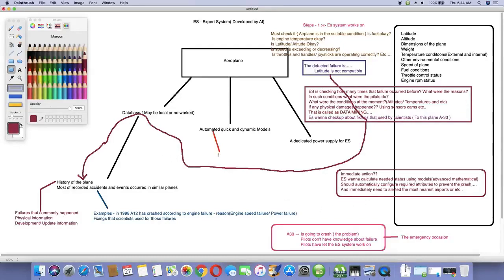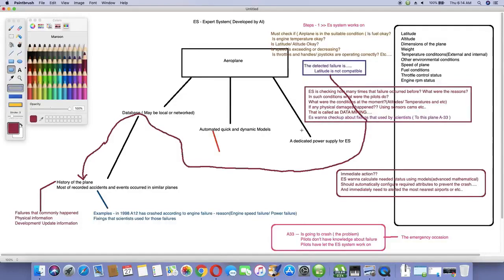And absolutely not, it doesn't matter, because it is a very doubtful reason, and the ES system, we cannot guarantee about that because it is using a system and according to those facts. So if any fact fails, the whole ES system fails. But it doesn't happen, because the ES system can also be configured so that if some kind of failure happens with the facts, it skips those and takes optional ways.